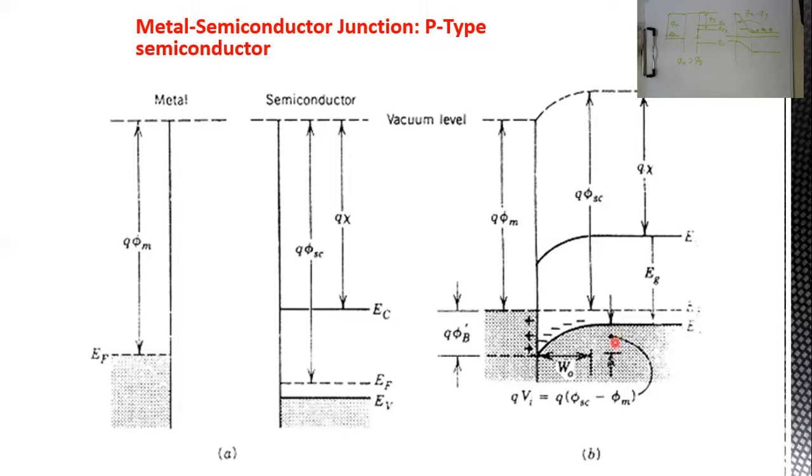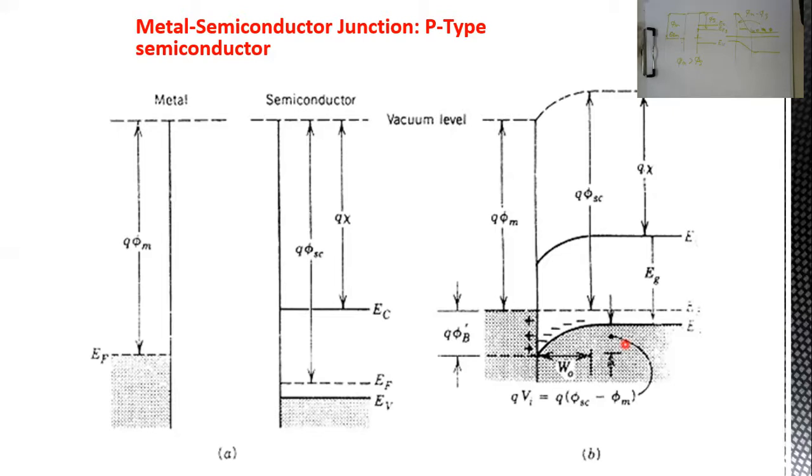So whenever you have holes here, these holes will face a barrier and will not be able to move to the other side of the material. Accordingly, this phi s minus phi m is considered a barrier with respect to the majority carrier, the holes. That's why this is another type of Schottky barrier diode.